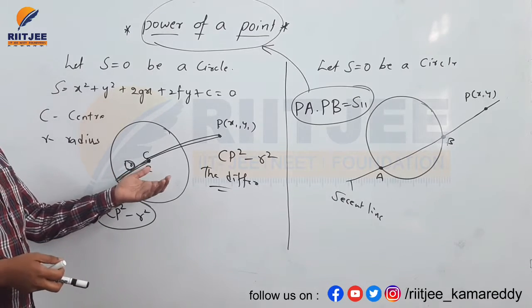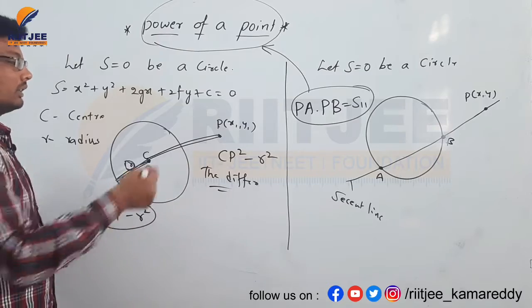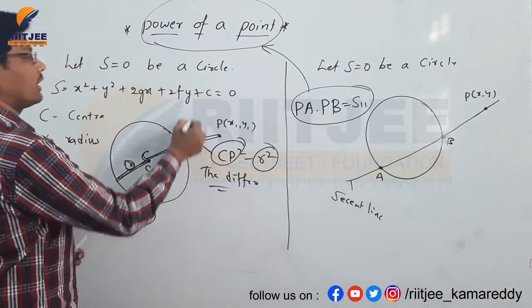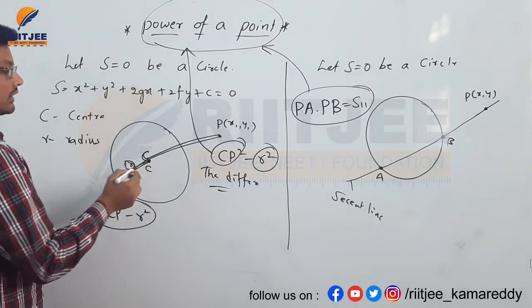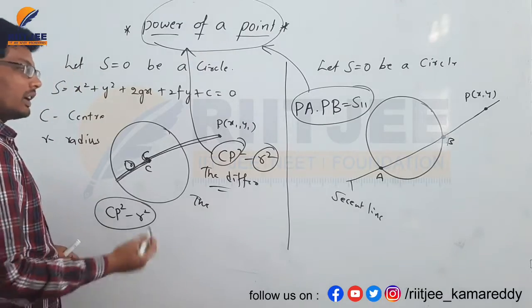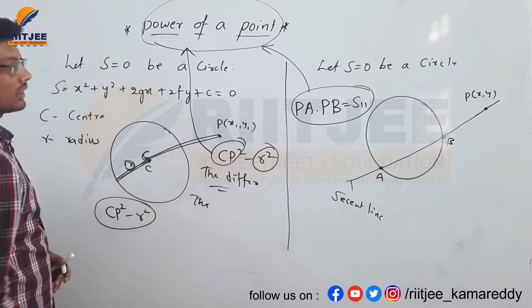The first is the square of the distance from the center, CP² − R², called the power of the circle.